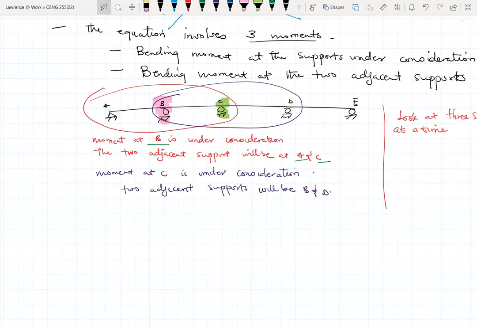Then we can also consider support C, or the moment at C. And if we are to do that, then the other supports on the left and right of C would be B and D.